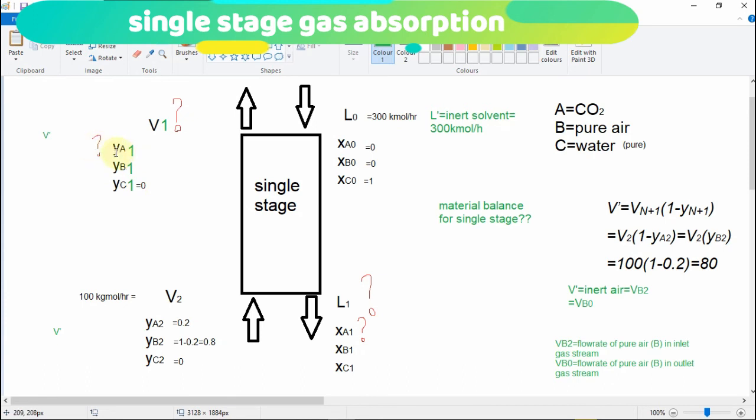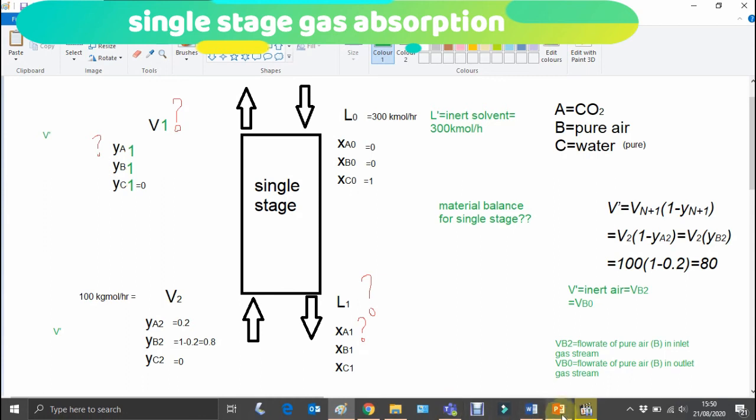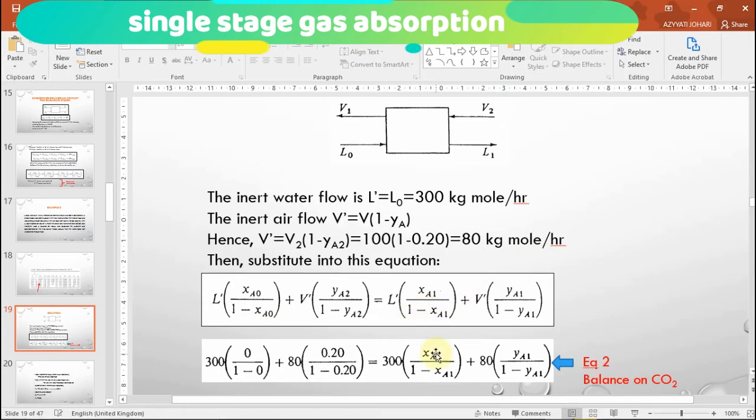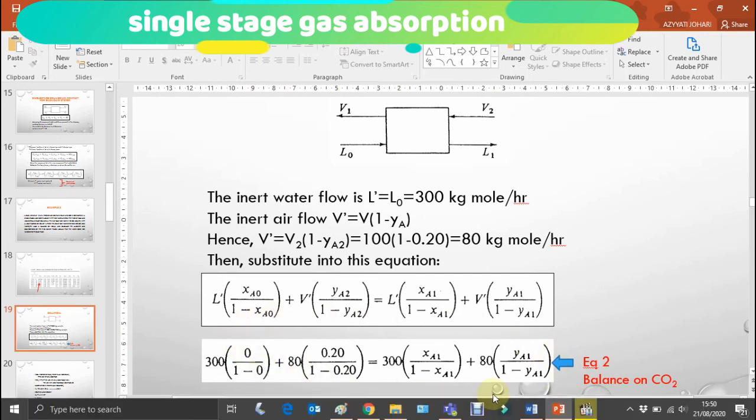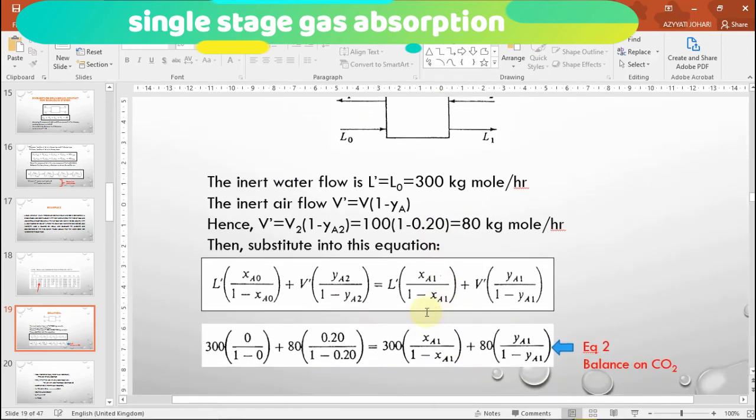So we need to calculate YA1 and XA1. Since we still don't have the values for XA1 and YA1, let them be unknown. We have two unknowns, meaning we need two equations. This equation we call the balance for CO2, which we already answered for this.